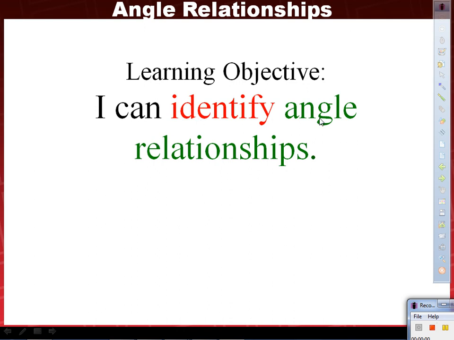Anyways, I can identify angle relationships. So this lesson is going to be about definitions, revisiting stuff that you saw since elementary in regards to angles.